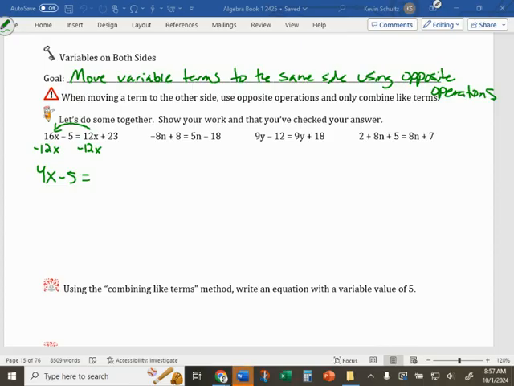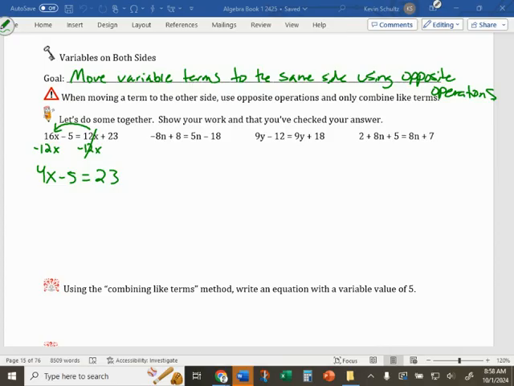On the right side, we had 12x's, we took away 12x's. Now we have 0 x's there, right? We moved them all over. There aren't any x's over there anymore. And so the 23 drops, and lo and behold, our life just got better because we have a 2-step equation. Okay? Variables on both sides, it looks complicated, but one step, moving that x term over, and now we're in our comfort zone.